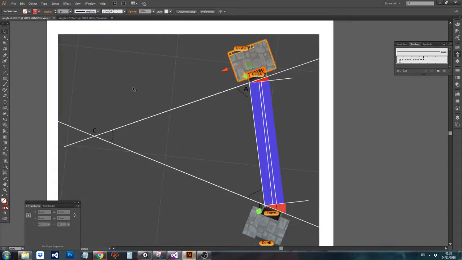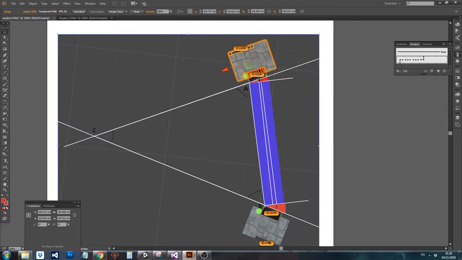So for this one, it would be exactly the way the exit is looking. So the angle for this exit would be parallel with this line here. But we want to find where those two points, if we drew a line like this, where they would intersect.